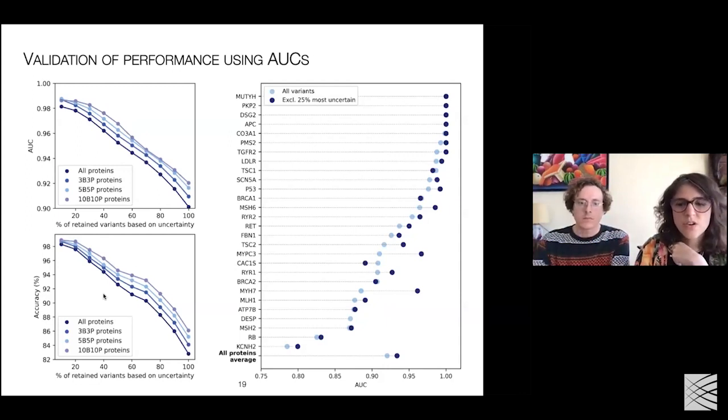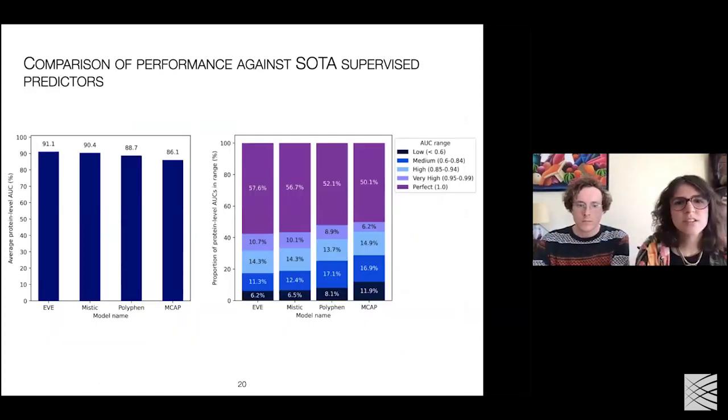Right. So when comparing the performance against other state-of-the-art predictors, we also see that our model has state-of-the-art performance. This is a subtle point here. Like Johnny just described, it is very hard to do a proper train-test split and so compute reliable validation on most of these supervised models.